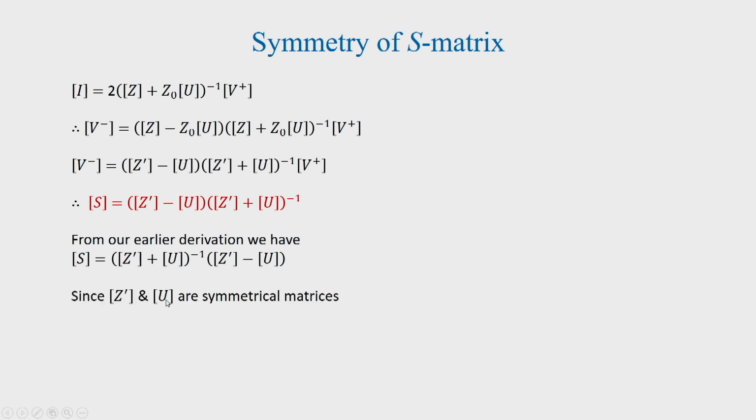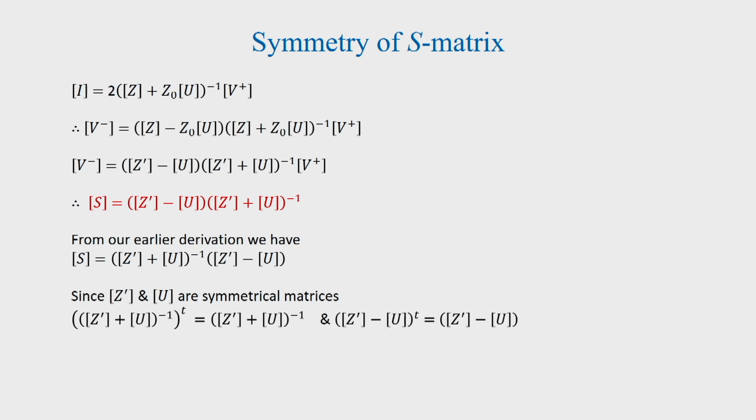Now, since Z dash and u, these two matrices, are symmetrical, if you take the transpose of this, then we can find S is equal to S transpose, because once you take the transpose of this matrix, this inverse transpose will be the same as the inverse for a symmetric matrix, and Z dash minus u transpose will be equal to Z dash minus u.